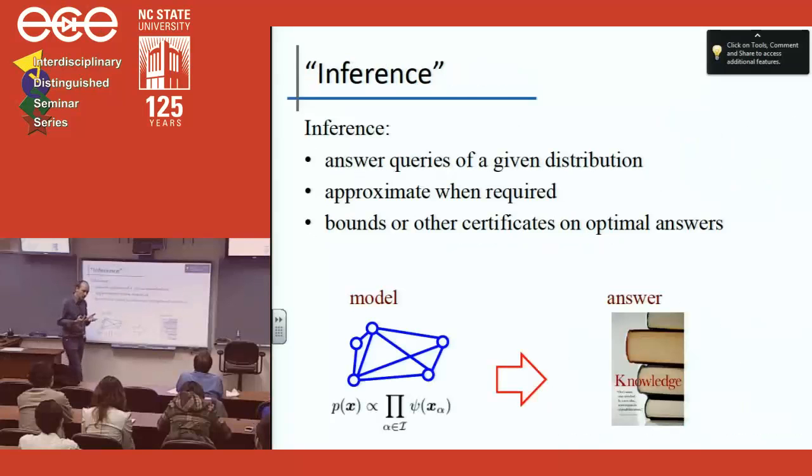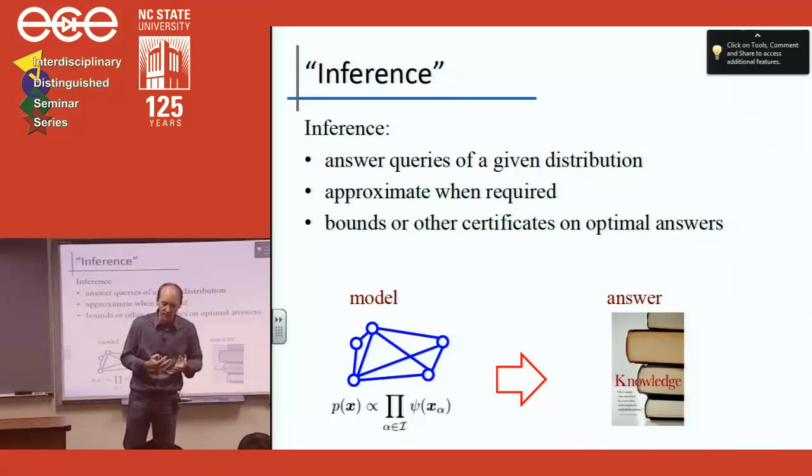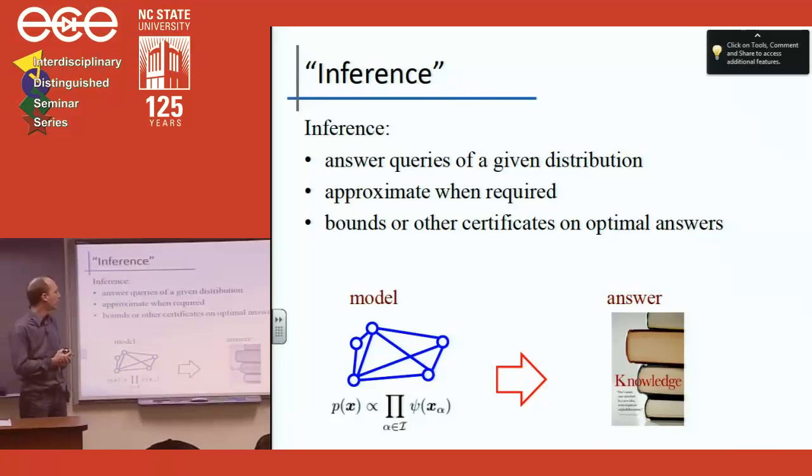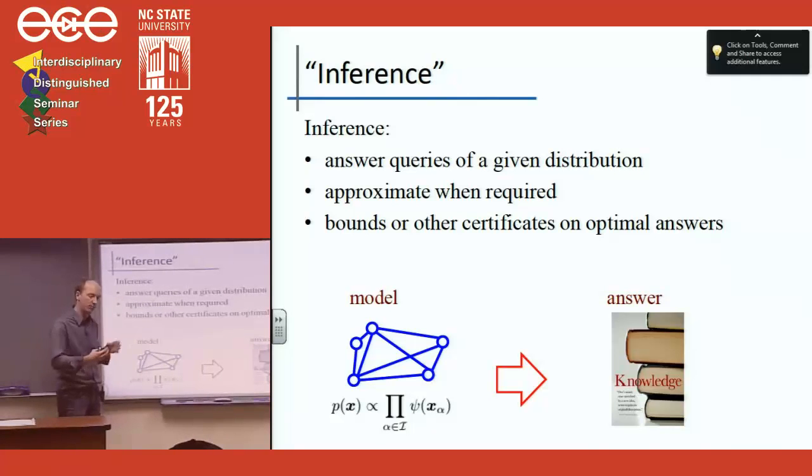So what do we actually want to do with this? This representation is only useful as far as it lets us solve interesting and hard problems. Generically, anything that you want to get out of the system once you've built the model is called inference. We imagine that someone's given us this model, and where that comes from is an entirely different problem. What we want to do is extract some kind of information from it.